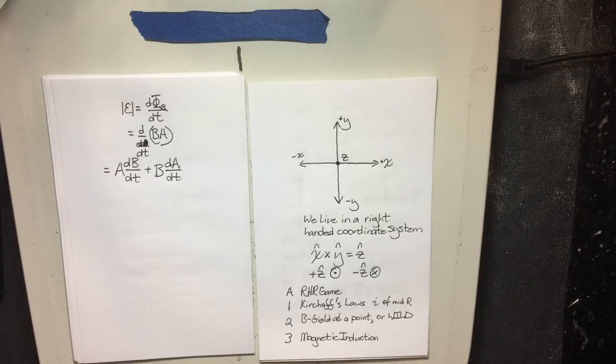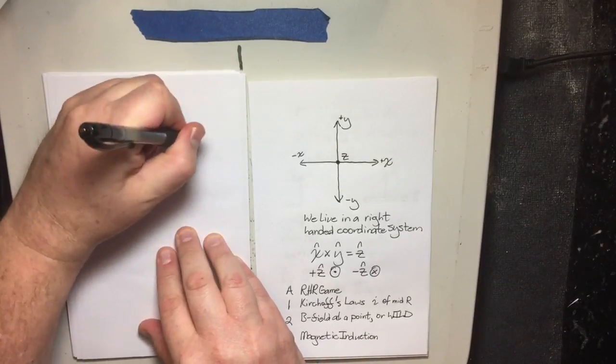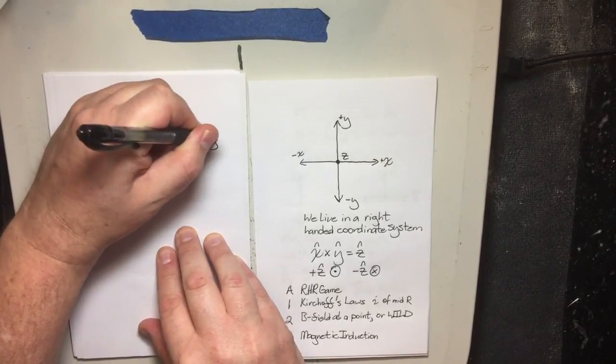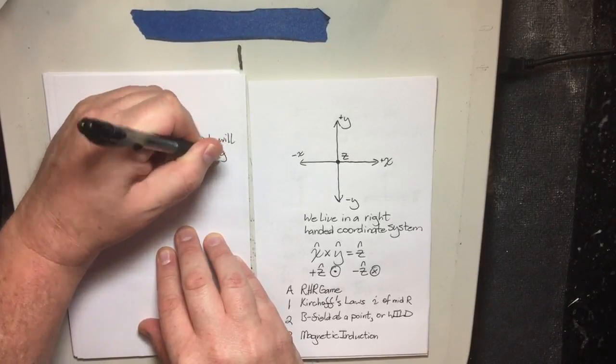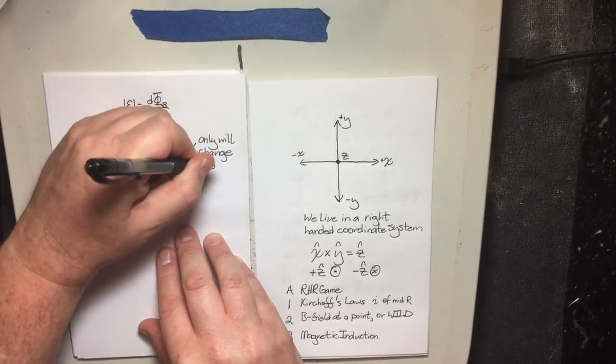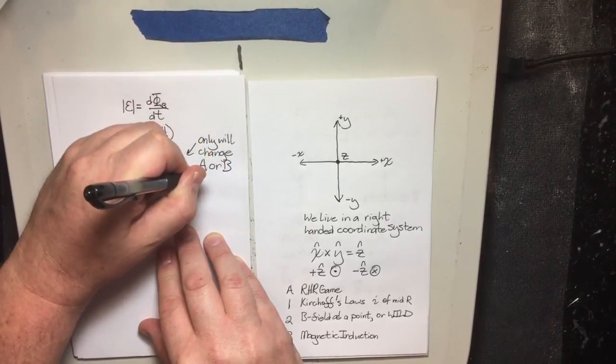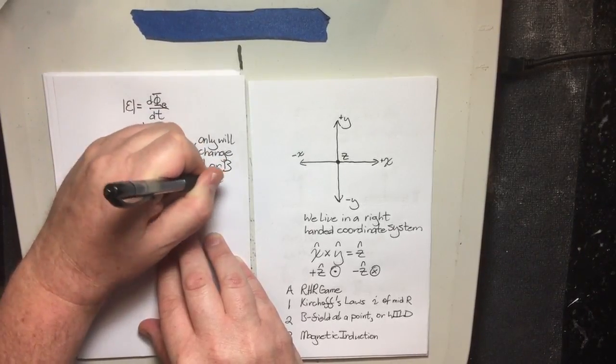Also, we're limited by the fact that I would love to be cruel, but for purposes of keeping people sane, you will only change A or B with respect to time.